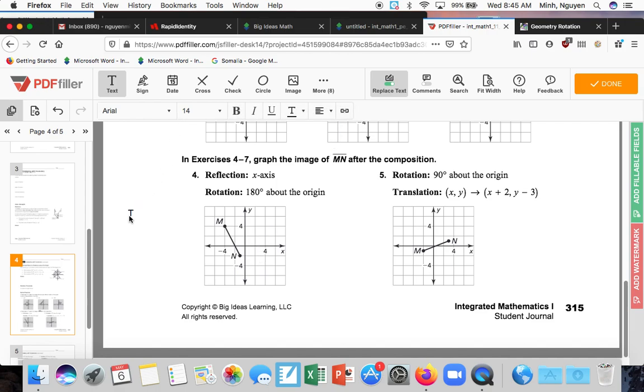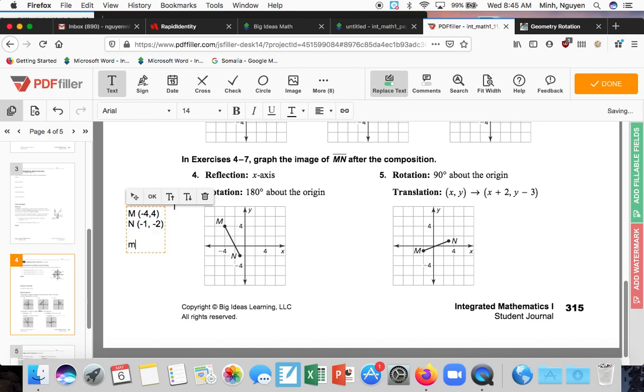So let's do this. Let's see where we currently are. So M is at negative 4, 4. And N is at negative 1, negative 2. Now, this is the reflection first.